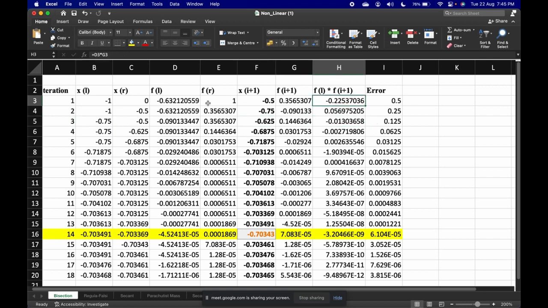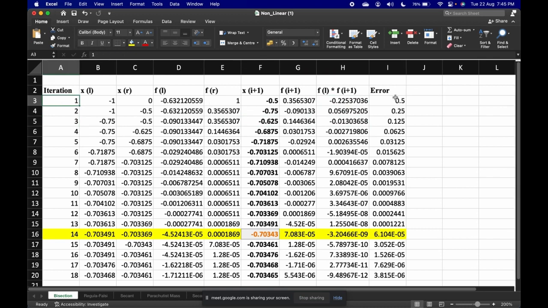For each iteration, you can find the error. So what is error? Error is the mod of this x1 with XL, so we are comparing with the XL only.